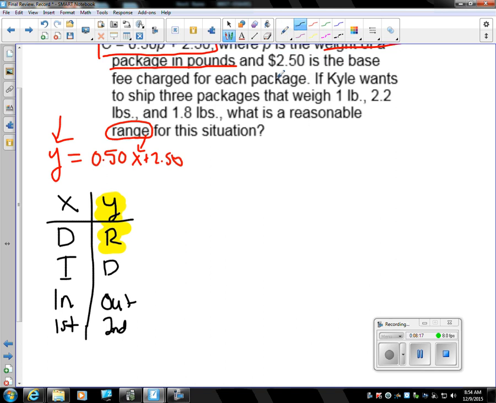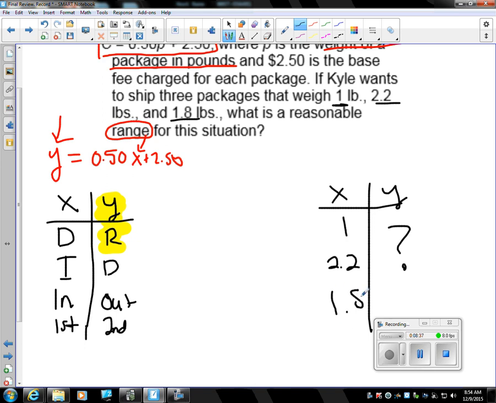So let me make another chart, X and Y. I'm missing my range or my Y values, and they gave me my X values, which are 1, 2.2, and 1.8. So let's find our missing Y values.